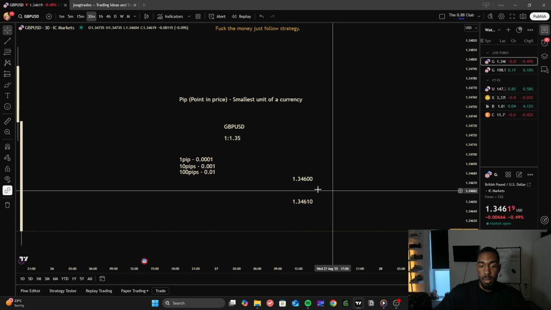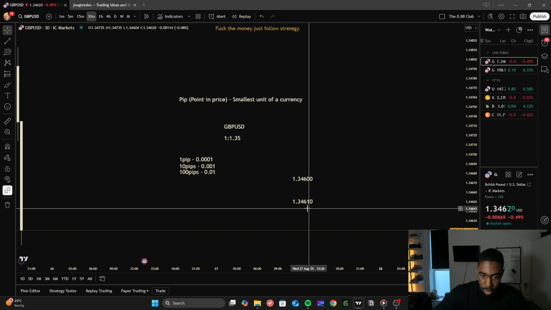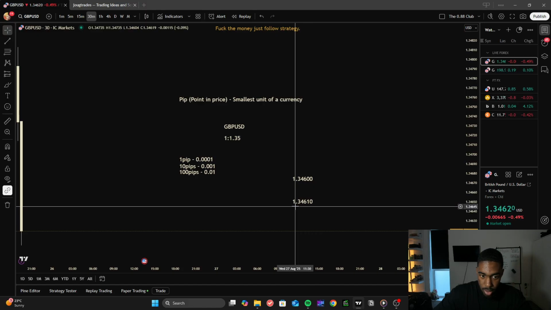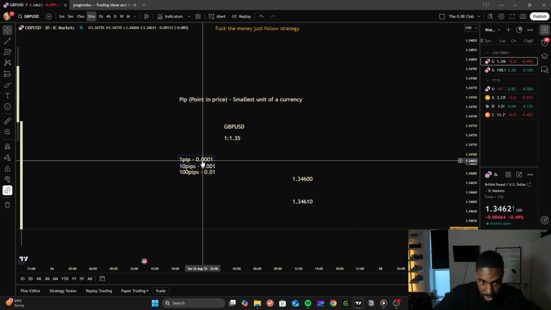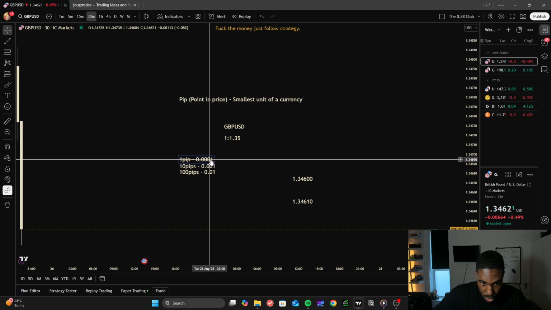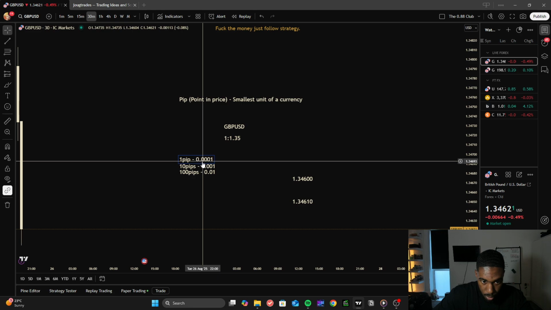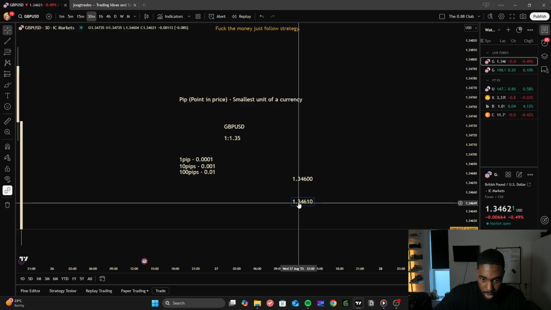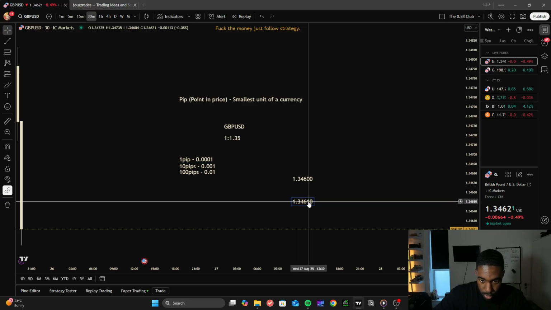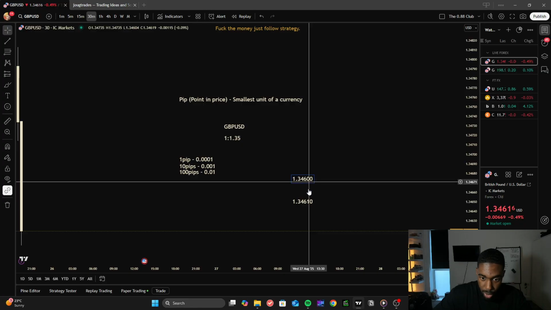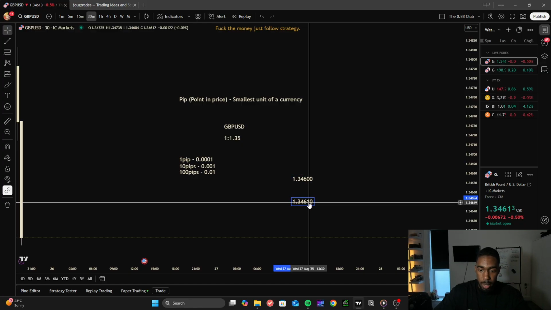That means price has increased by 1 pip, because 1 pip is 0.0001. So how many positions away from the decimal point? 1, 2, 3, 4. That 4th position has increased by 1. So this is a change of 1 pip.